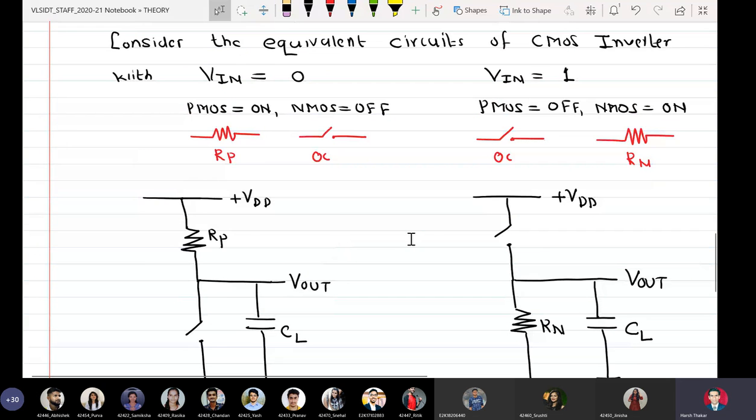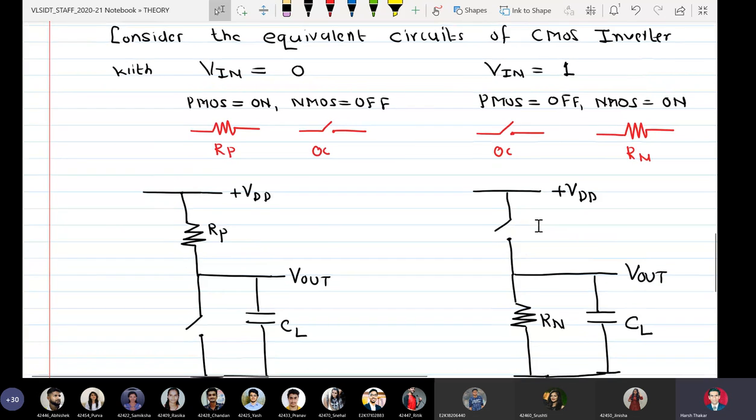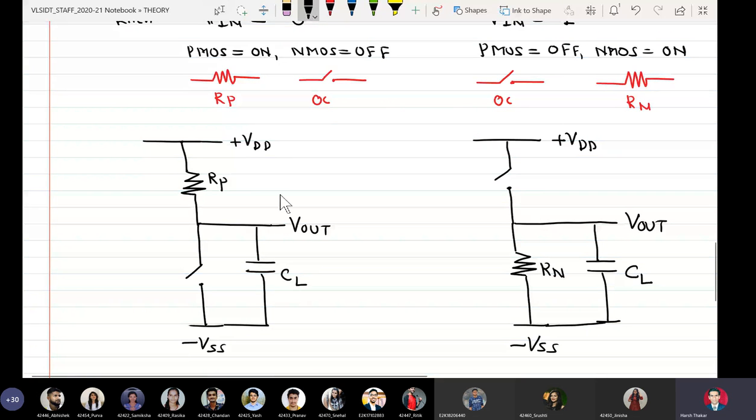And for Vin equal to 1, because NMOS is on, we replace NMOS with on-state resistance RN and PMOS with an open circuit. Naturally, it's very simple now that the capacitance will start charging towards VDD through RP.